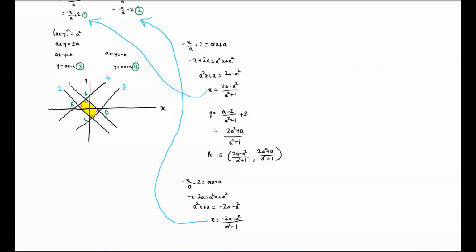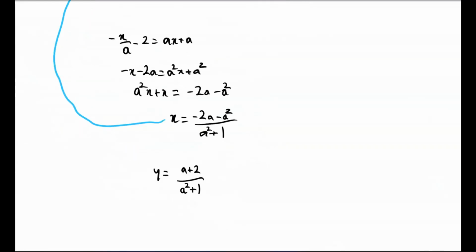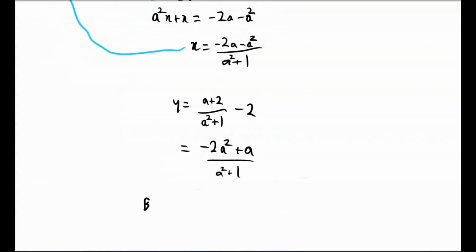Substituting into equation 2, we get y is equal to a plus 2 over a squared plus 1 minus 2, which is equal to minus 2a squared plus a over a squared plus 1. So therefore, point B is minus 2a minus a squared over a squared plus 1, minus 2a squared plus a over a squared plus 1.